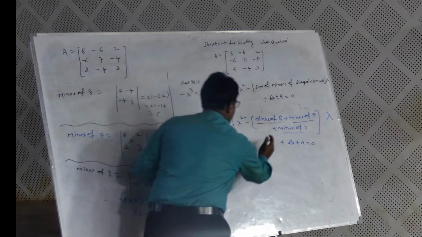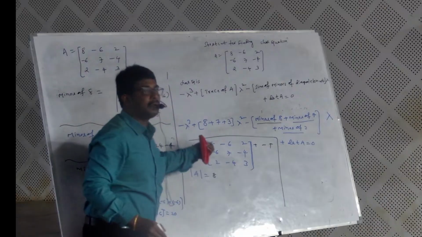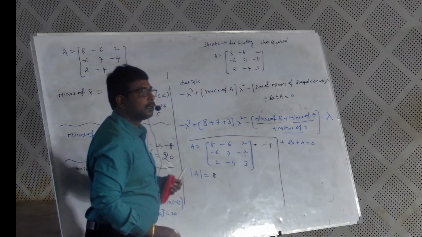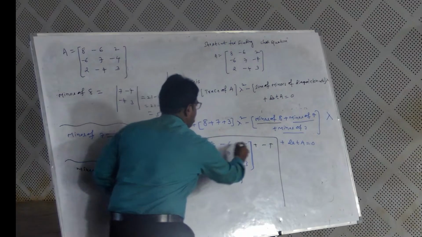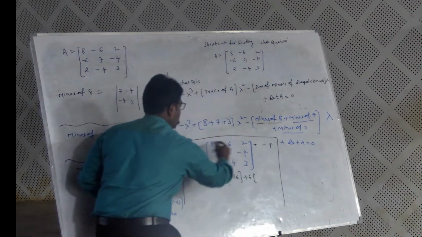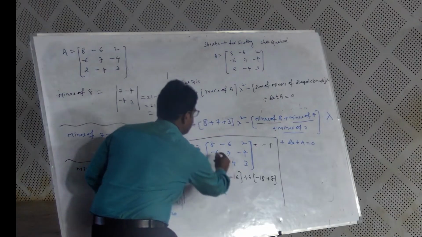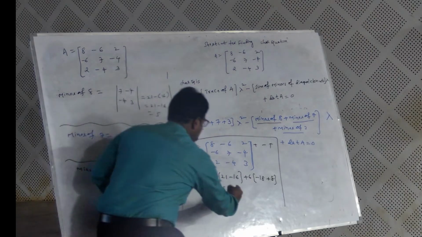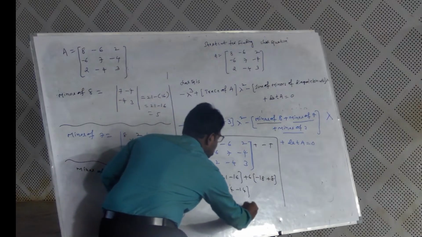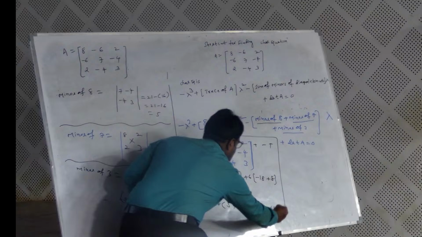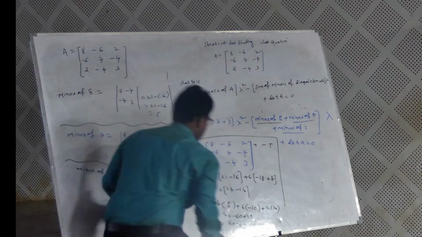Determinant of A: plus 8 into determinant, 8 into 21 minus 16, minus of minus 6, minus 18 plus 8, plus 2 into 24 minus 14, 21 minus 16 is 5, 6 into minus 10, 2 into 10, 40 minus 60 plus 20, 60 minus 60, 0.